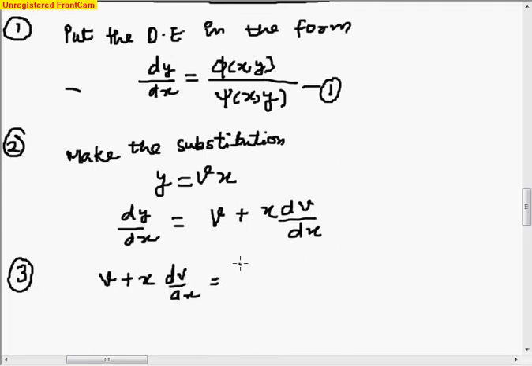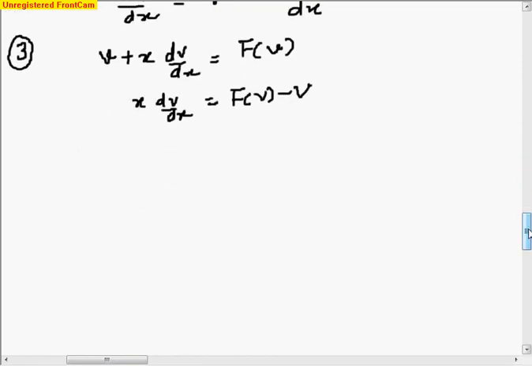So finally you will have something like this. On the right hand side you will have a function of v only. So this is a variable separable equation. I can write it like this: x dv by dx is equal to f(v) minus v. So I can write dv upon f(v) minus v is equal to dx upon x.